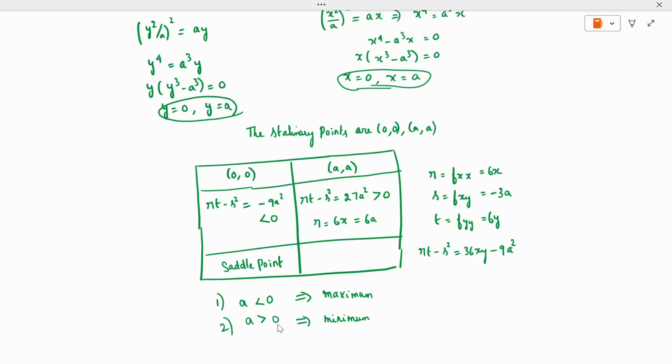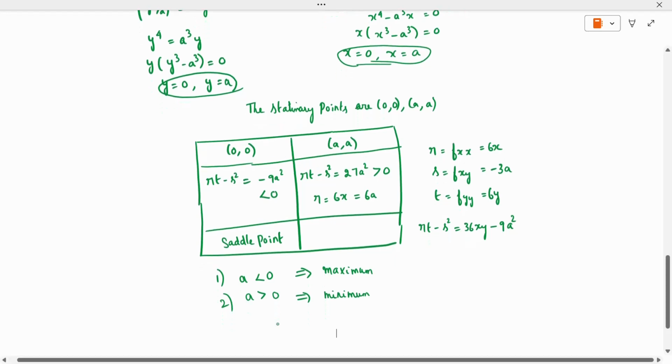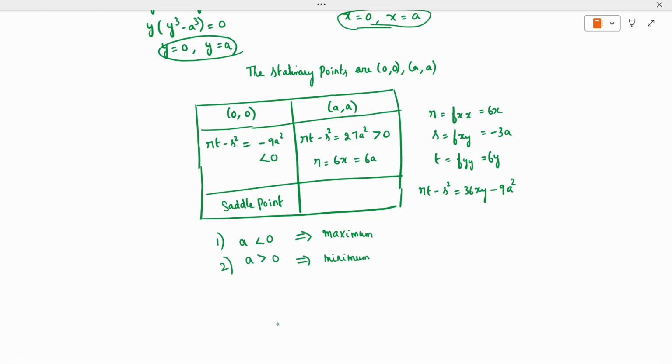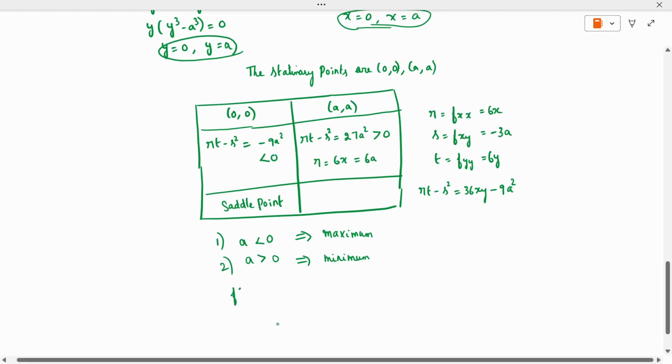Now we need to check like this, you write it. Depending upon that only, I know whether it is a minimum point or maximum point. Now we need to calculate the minimum value or maximum value at (a, a). You substitute in the given equation. What is our equation? a cube plus y cube, so a cube again, minus 3axy, which is nothing but again a cube.